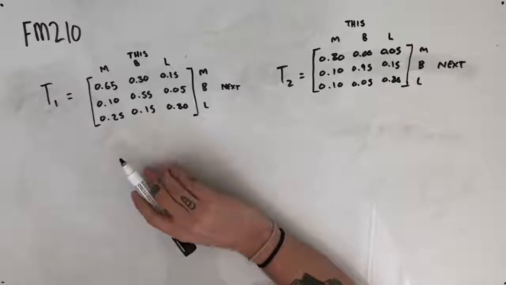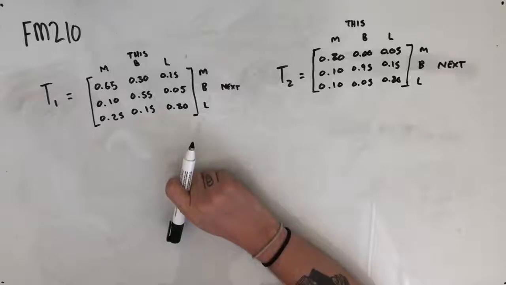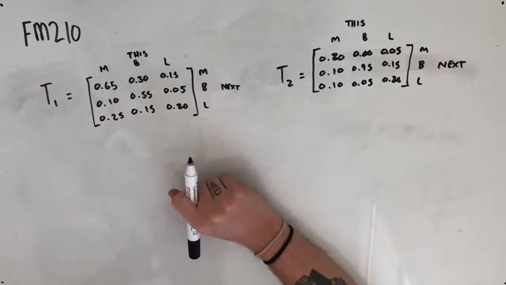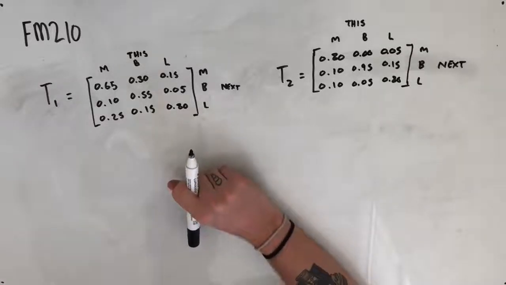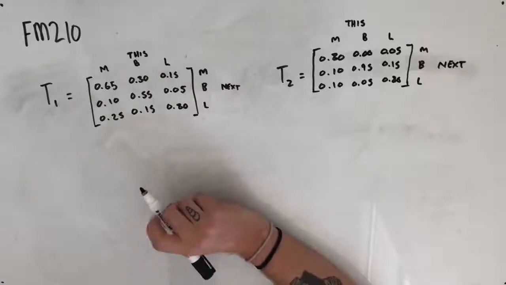In year 1, 9 players had mullets, 7 players had buzz cuts, and 14 players had long hair. Let S1 be the state matrix for year 1. The number of players expected to have a mullet, a buzz cut, or long hair in year 6 can be found by evaluating what? And then we're given 5 different solutions there.